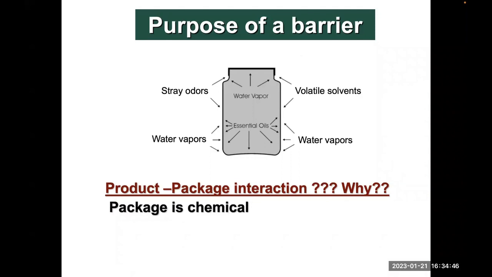Now, why do we have product and package interacting? If you look at the molecular level, your gases, whether it is water, carbon dioxide, or oxygen, at the molecular level, they are chemicals. Your package, which is polymer, polyethylene or polypropylene or PET, that is also a chemical. Those are macromolecules, right? And then your food is also made up of various biomolecules.